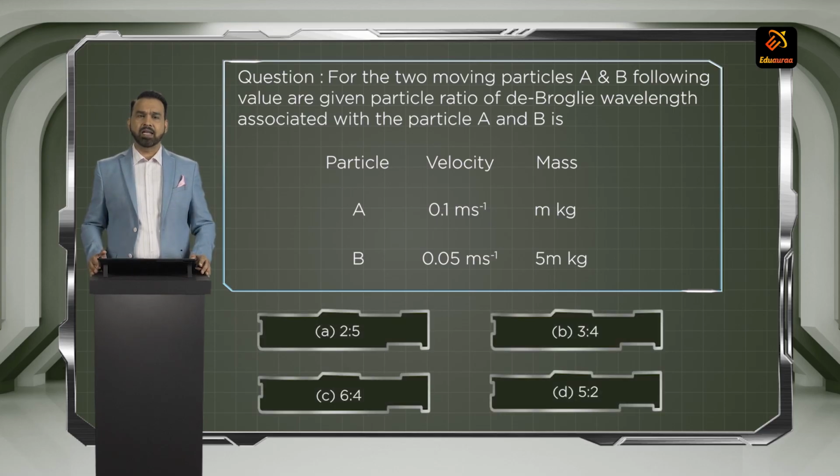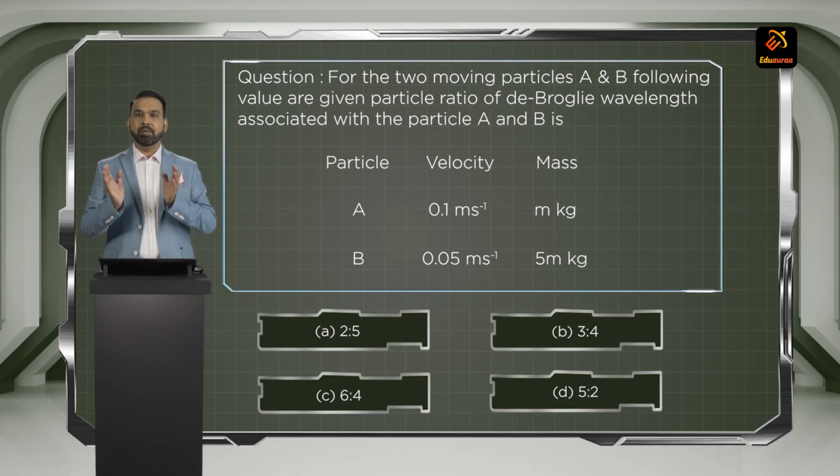Next question. For the two moving particles A and B, the following values are given. Let us see what is given. For particle A and particle B, their velocities and their masses are given to you, students. So when velocity and mass are known, use de Broglie's wavelength expression. What is de Broglie's wavelength expression? We know that lambda is equal to h upon m into v.